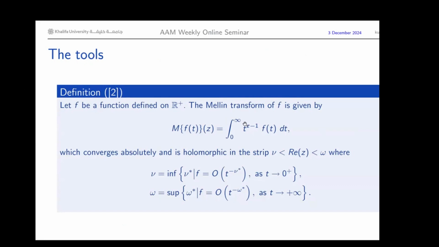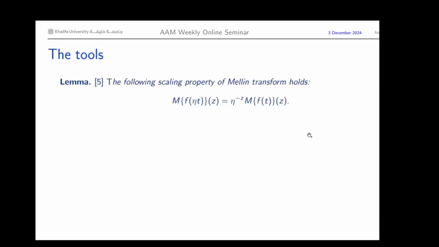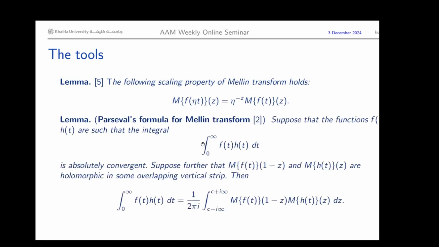So just to give the definition here, which I will recall later on. The Mellin transform of a function f is given by this integral, and the integral is defined in the following strip. And one of the properties of the Mellin transform that we shall use is this one, the scaling property of the Mellin transform.